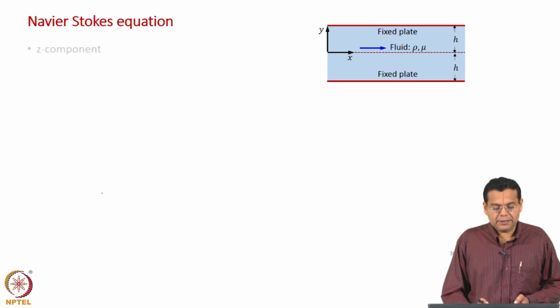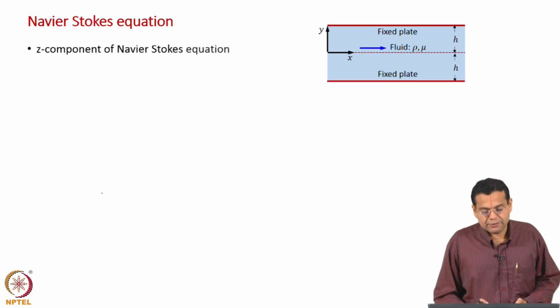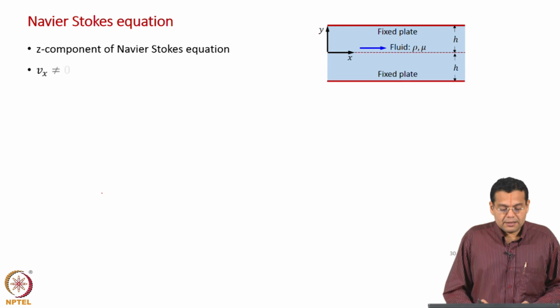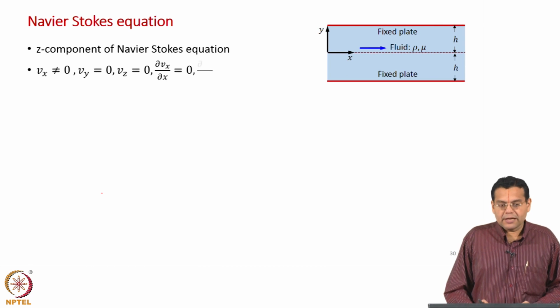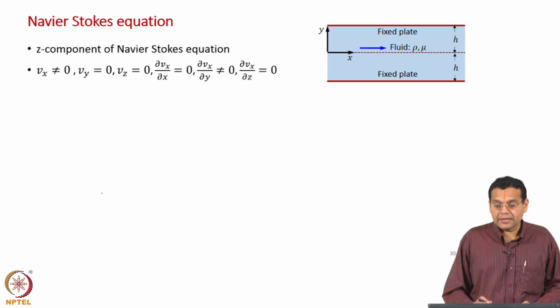Okay. Now, coming to the z component of Navier-Stokes equation, let us write down the conditions. Only x component of velocity is non-zero and only gradient of Vx with y is non-zero.